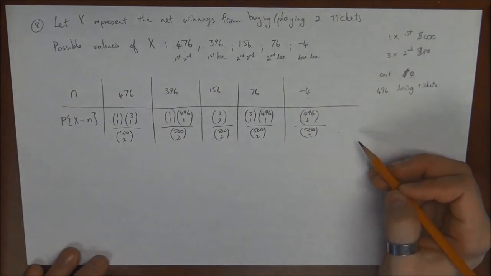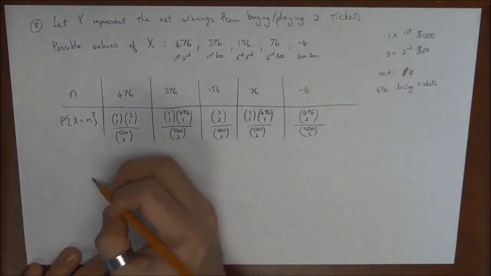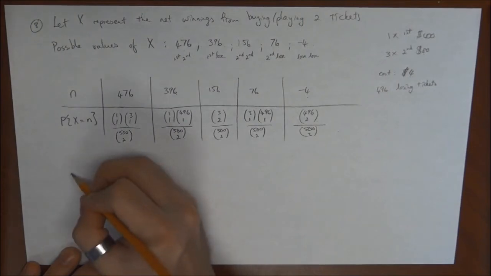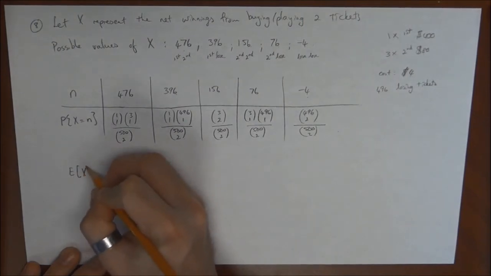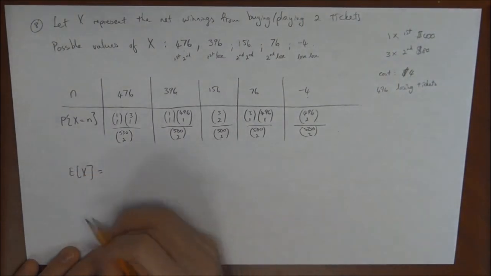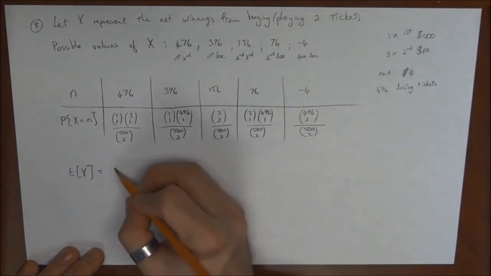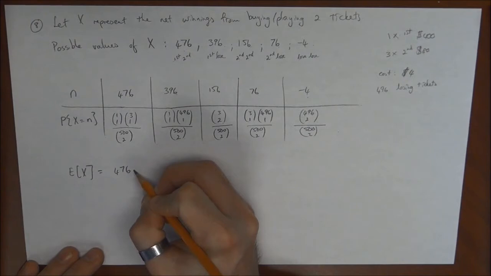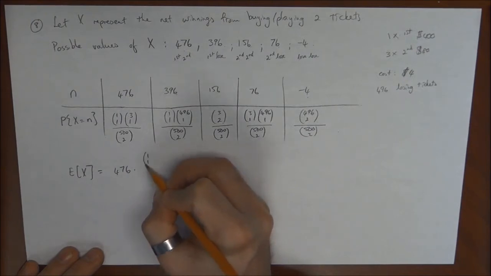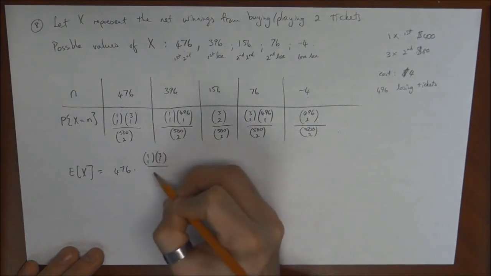Now they want to know what is the expected value of x, my expected net winnings. So I'll write it out so the calculation is clear. I just go down the line. 476 is the first value times the corresponding probability.